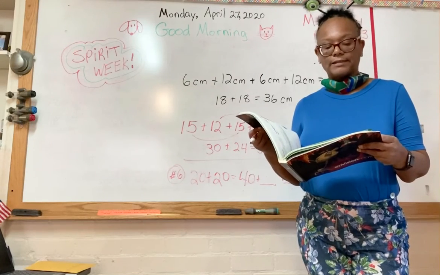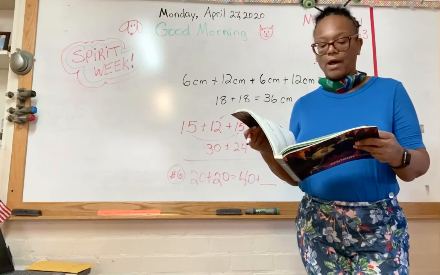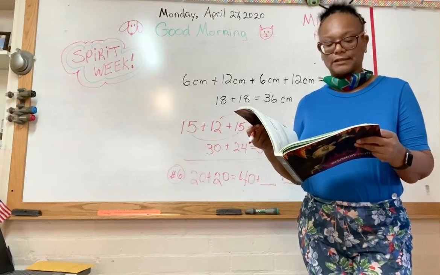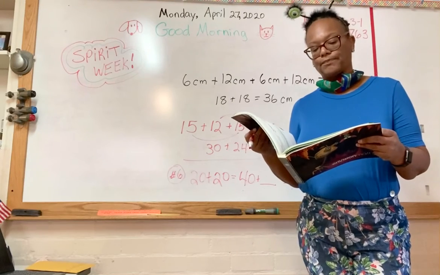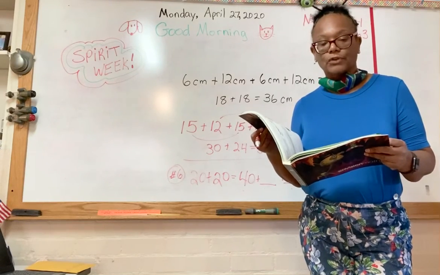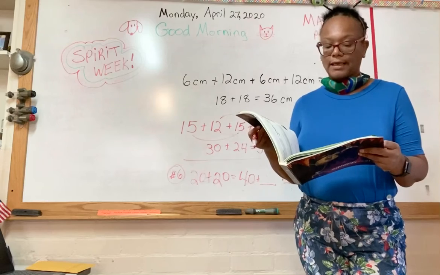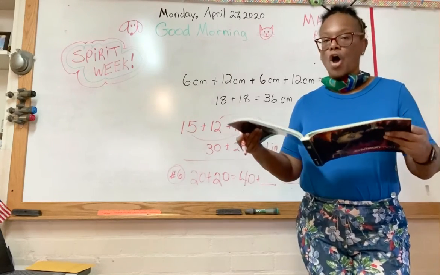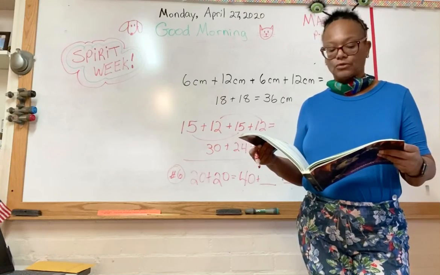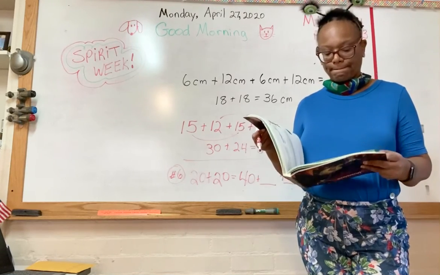Ashley's sunflower is 70 inches tall and Kwame's sunflower is 60 inches tall. How much taller is Ashley's sunflower than Kwame's? Do we add? Do we subtract? It says one is taller than the other. How much taller? So you need to subtract.